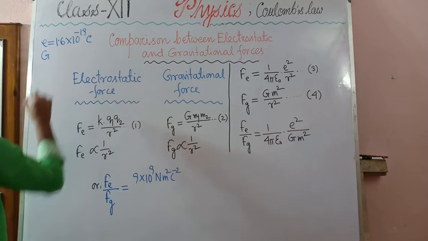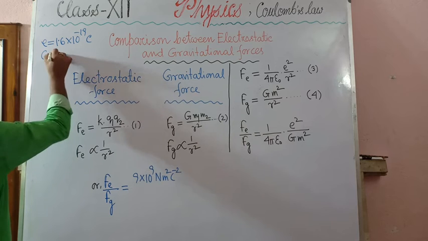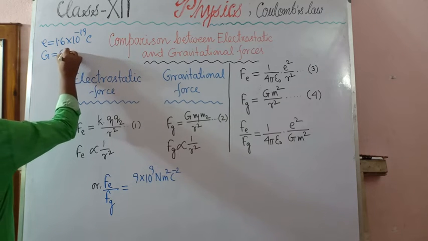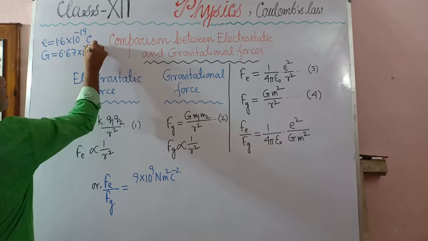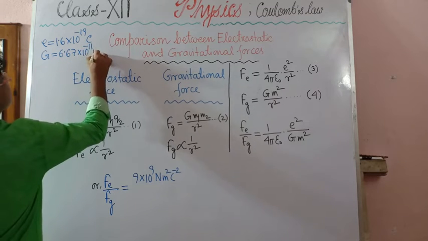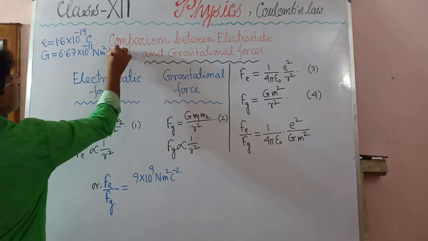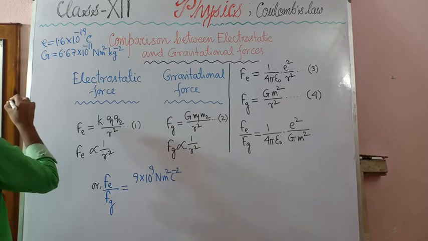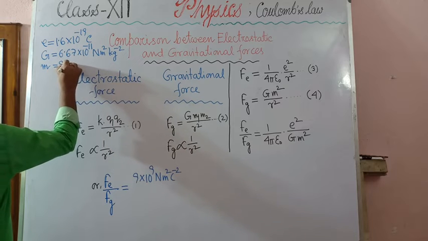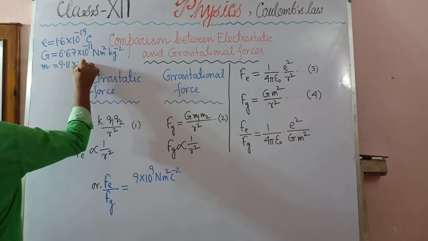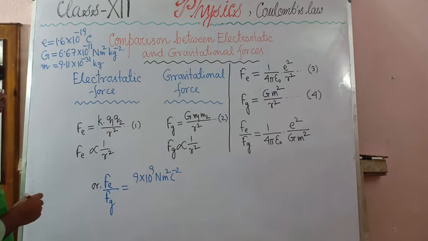Capital G or gravitational constant in SI units equals 6.67 into 10 to the power minus 11 Newton meter square per kg square, and mass of an electron m equals 9.11 into 10 to the power minus 31 kg.